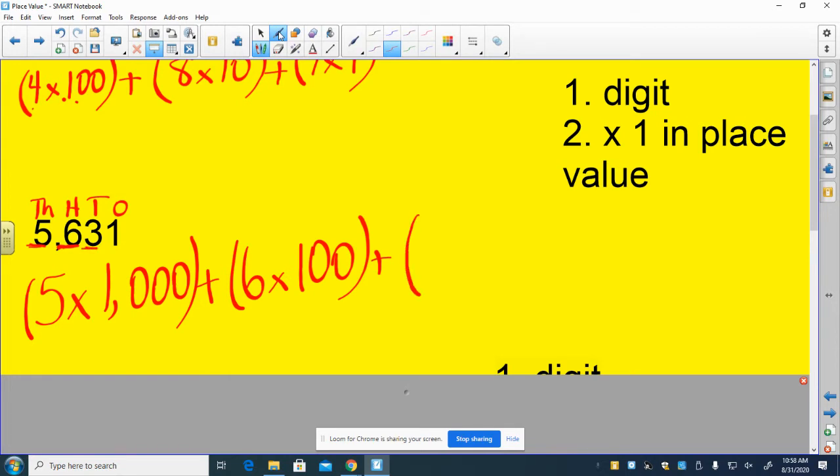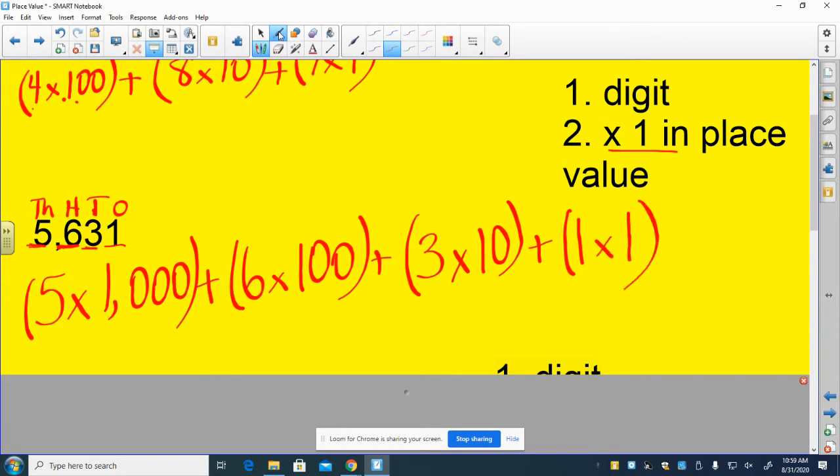So start my parenthesis. 3 times a 1 in that place value. So 1 on tens street would be 10. Close the parenthesis to group it. And the last one is a 1. Plus 1, and it's on 1 street, times 1. This is expanded form with parentheses.